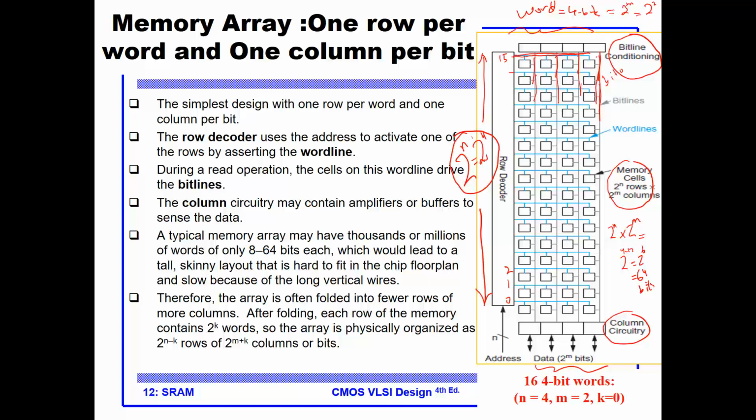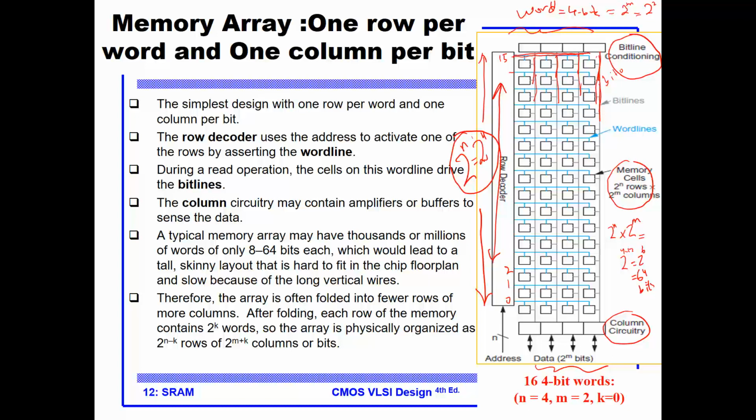So if we organize these words in this vertical fashion, then we will have very tall, skinny memory arrays, and this leads us to folding. In practice, we fold. In other words, we fold this memory like a piece of paper, so that we can have more than one word at the output.